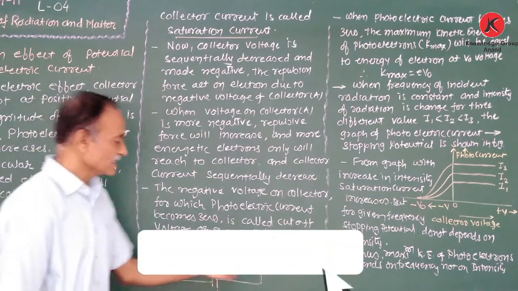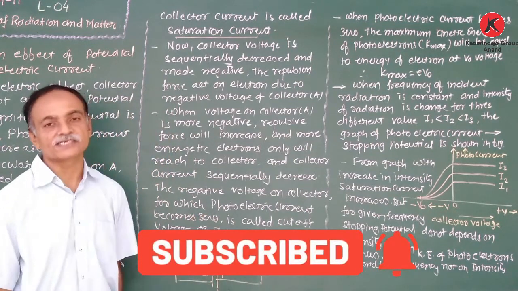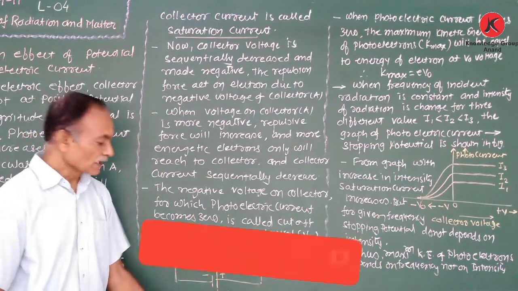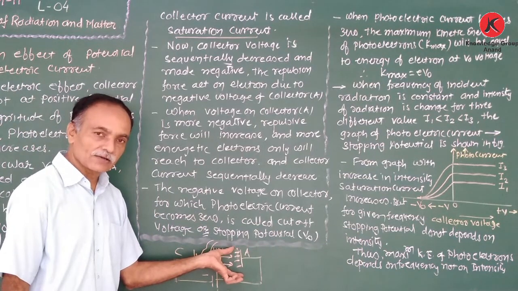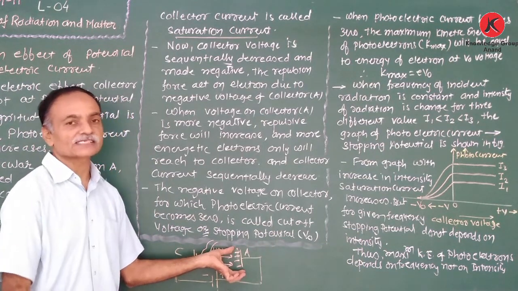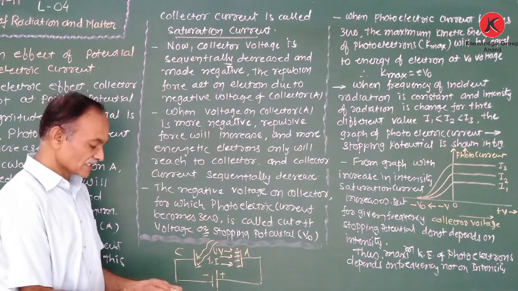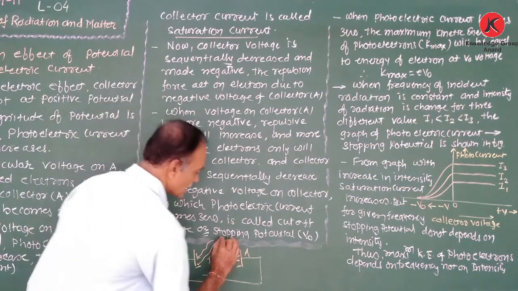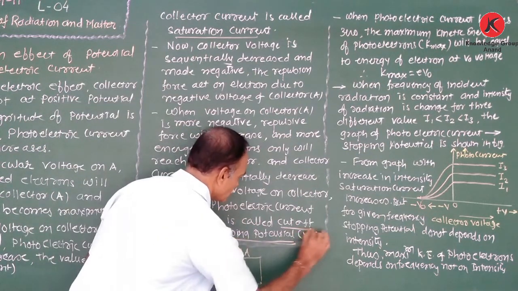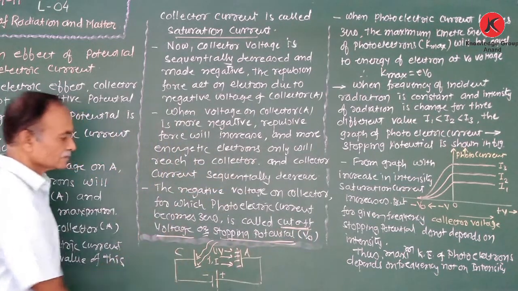In that case, the current flowing through the circuit will be 0. So the negative potential of the anode is known as the cutoff voltage or the stopping potential.